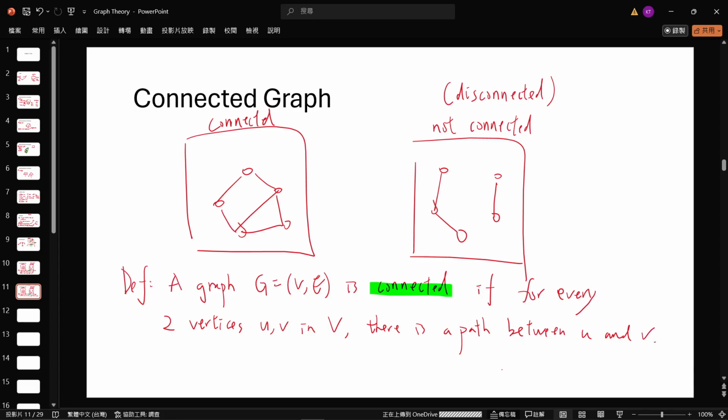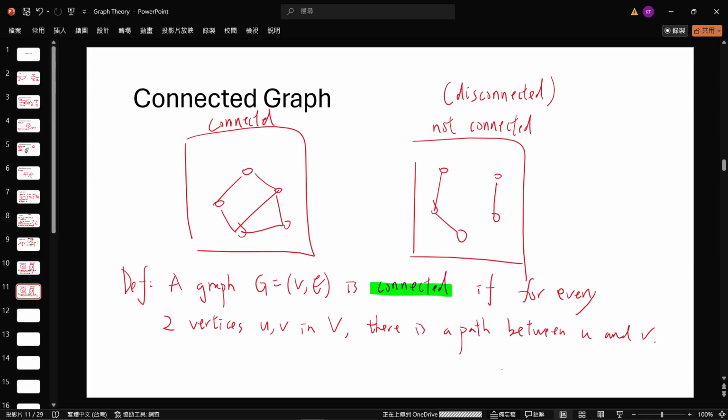Okay. So this is the definition I think you'll probably find if you Google it, okay? So the definition says it's connected if for every two vertices, okay, for every two vertices in a graph, there's a path between these two vertices, okay?